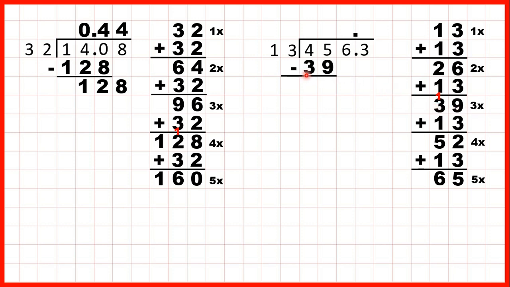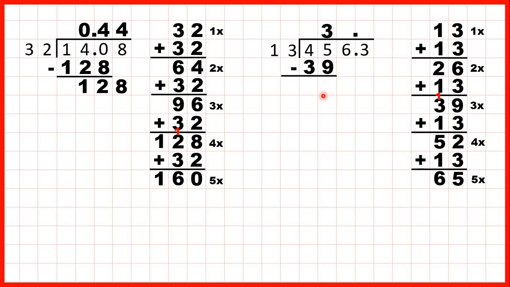So we can write 39 underneath the 45. And because that's 3 times, we can write 3 in our answer line. Again, it's really important that we write the multiplication above the last digit that we divided. So because we divided 45 by 13, we need to write the 3 above the 5.